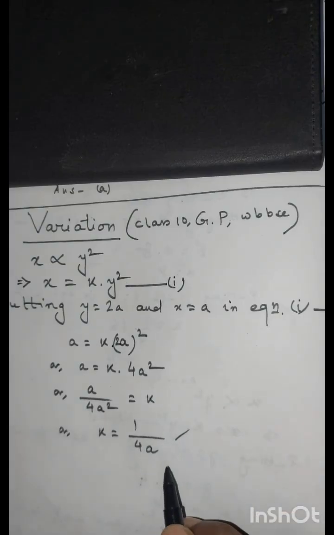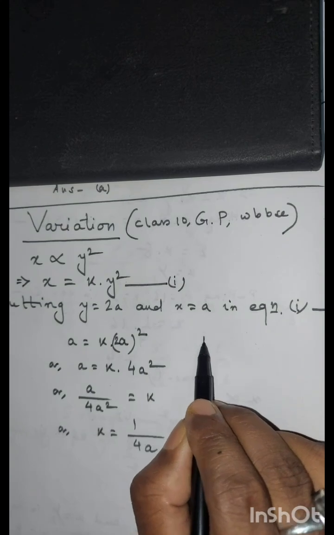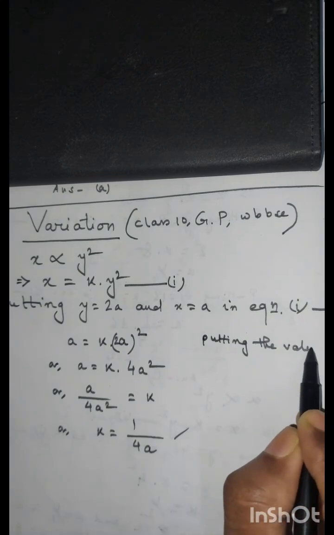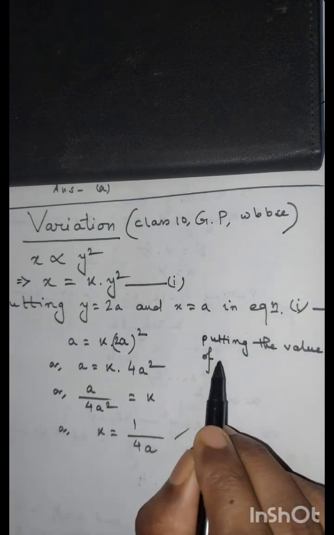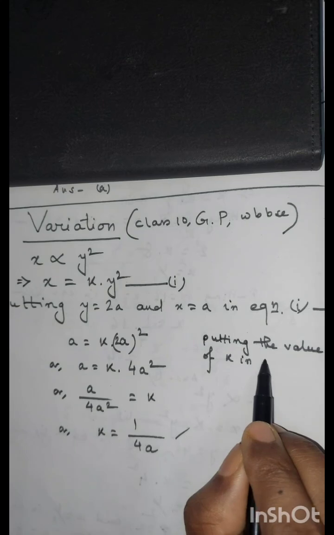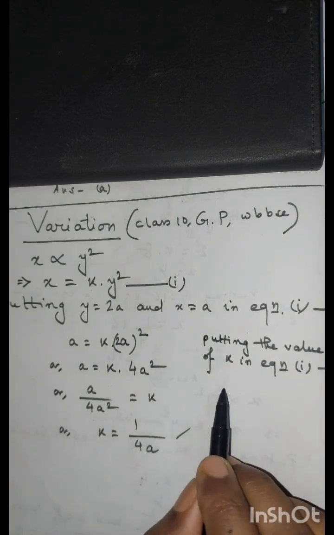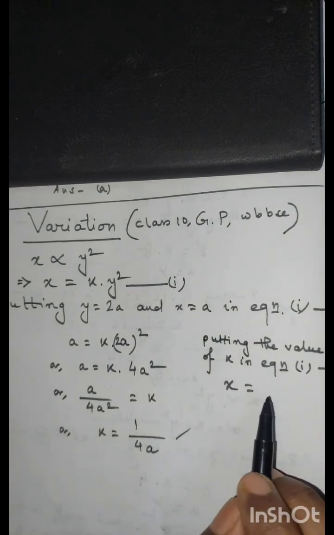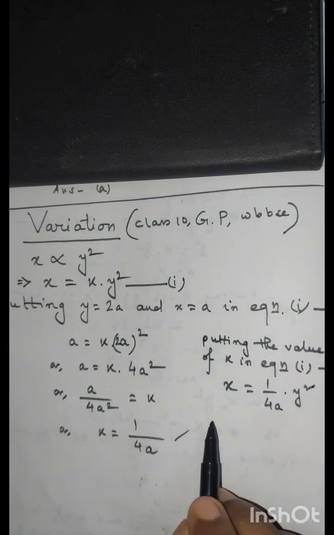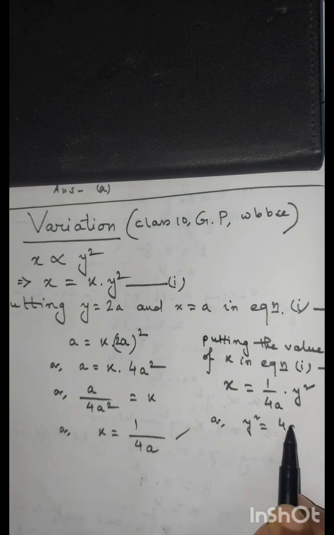Now if we put the value of k in equation 1, we get x equal to 1 by 4a into y square, or y square equal to 4 into a into x.